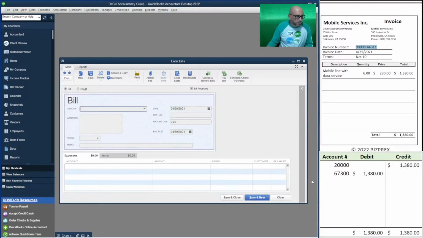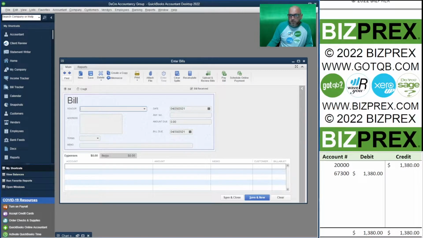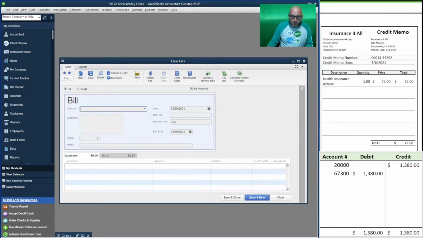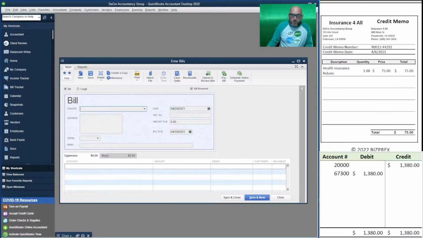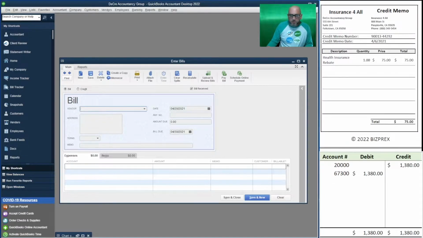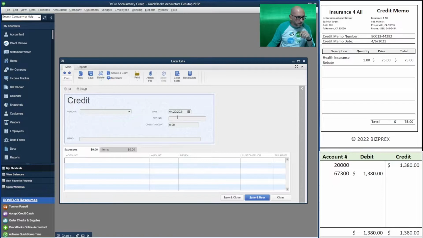All right, so what do we have next? We have a credit memo from health insurance. So here I stayed in the interface because again I want to show you, just like with credit cards, all we have to do is switch this, right? So right now this window right here serves as a credit to accounts payable. Once we click it, this becomes a debit even though it says credit.